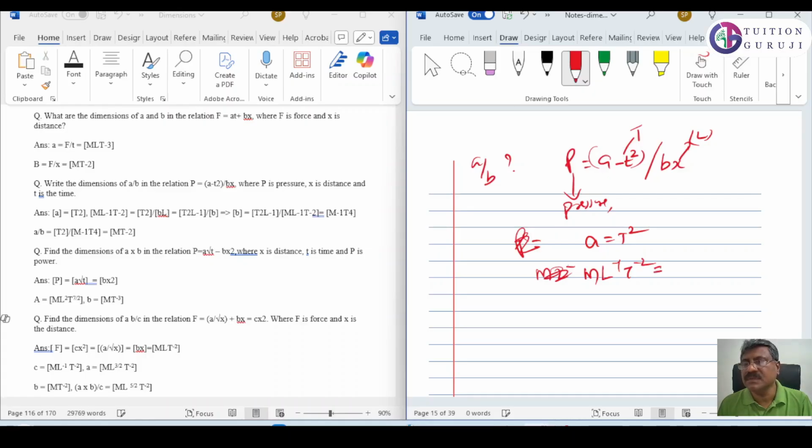Is equal to T square by BL, as X is L. So B is equal to ML raised to minus 1, T raised to minus 2, by T square into L. So L will get cancelled, so we will get MT raised to minus 4.